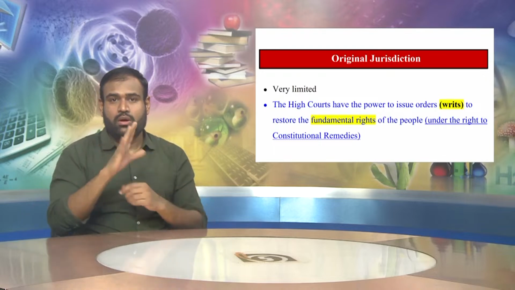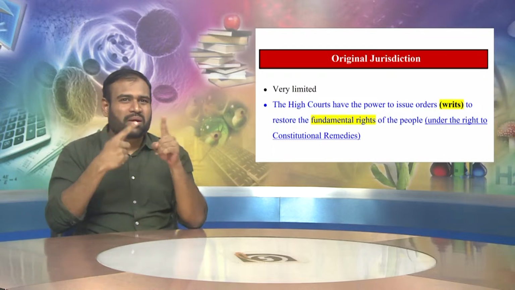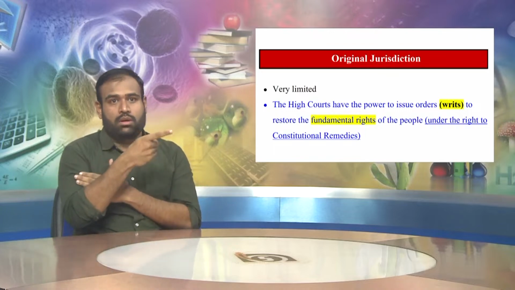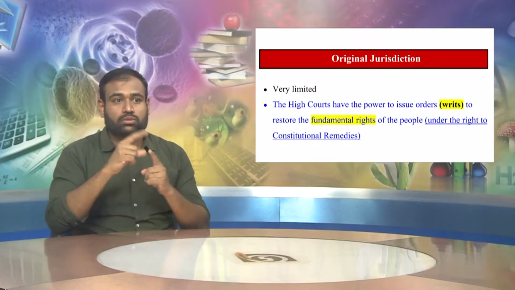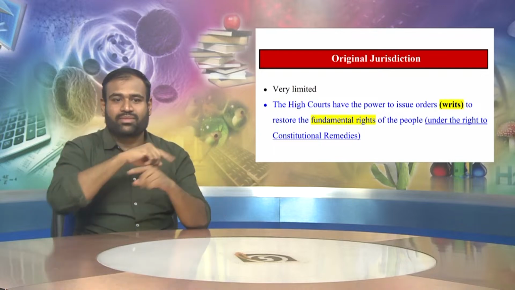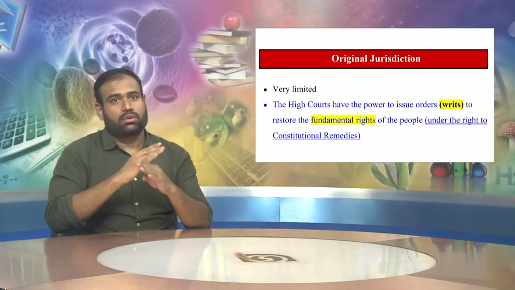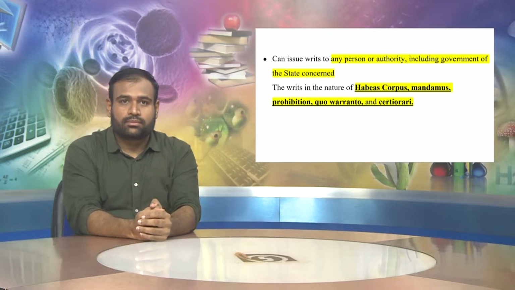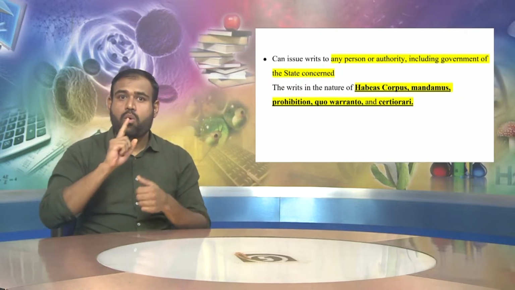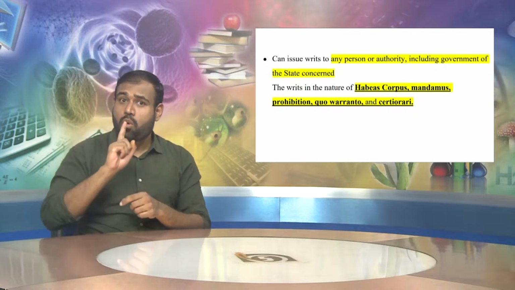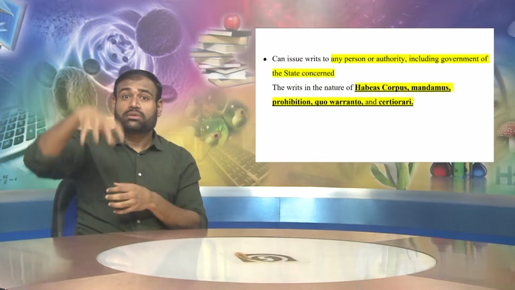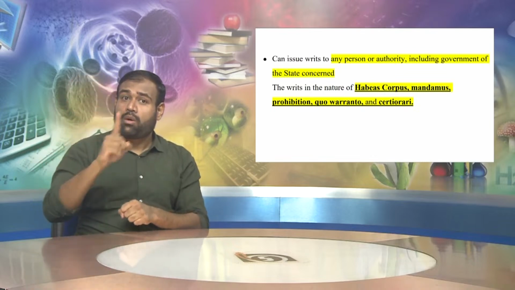The High Court has the power to issue orders, writs, to restore the fundamental rights of the people under the right to constitutional remedies. It can issue writs to any person or authority, including the government of the state concerned.